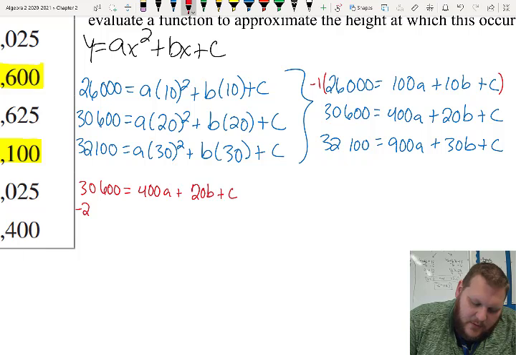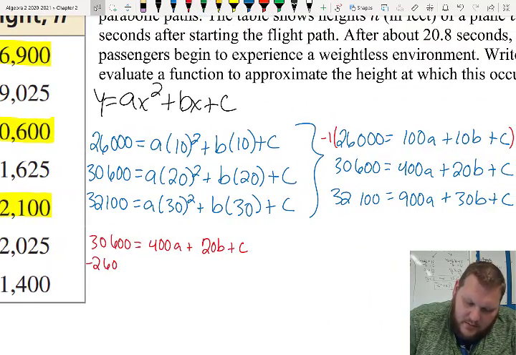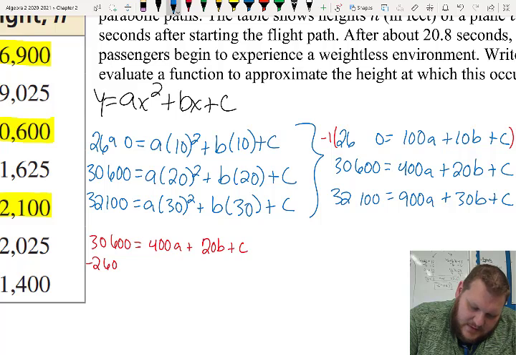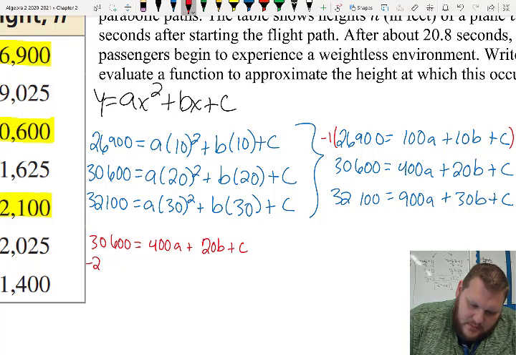I don't know why I keep throwing those zeros in there. 26,000. Did I copy it down wrong? I did. All throughout here, it's supposed to be 900s. Sorry, people, this is 26,900. Glad I caught that now.